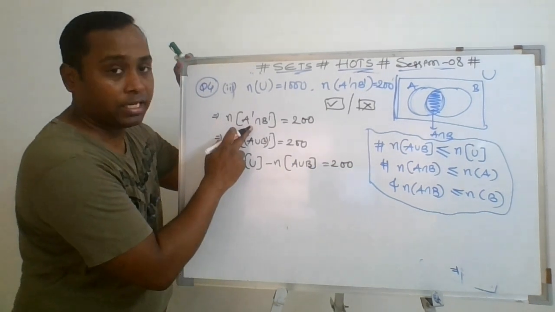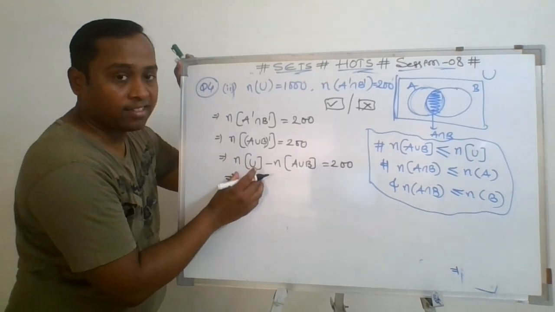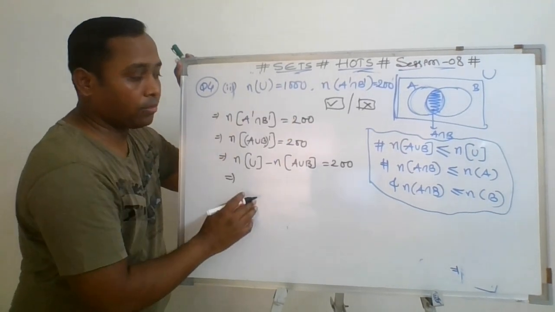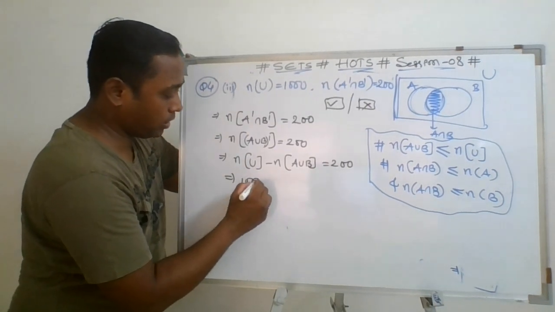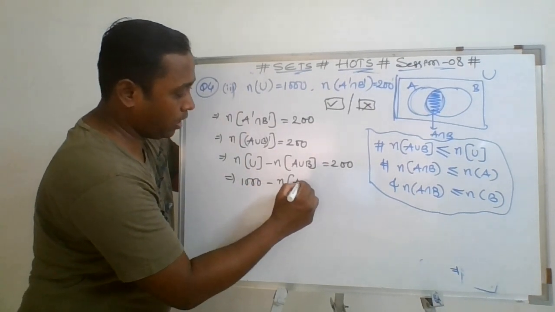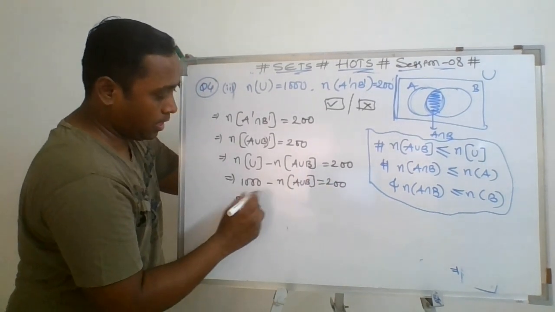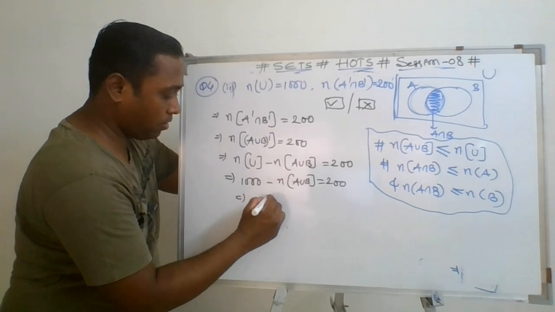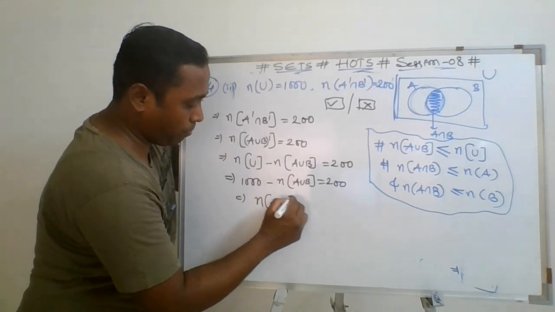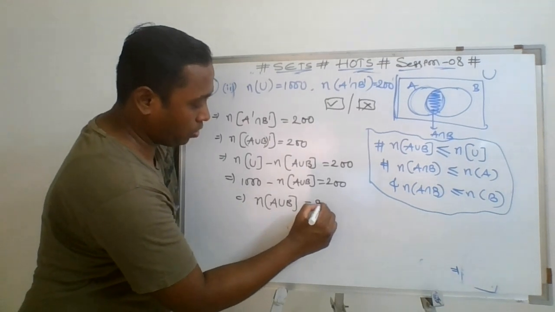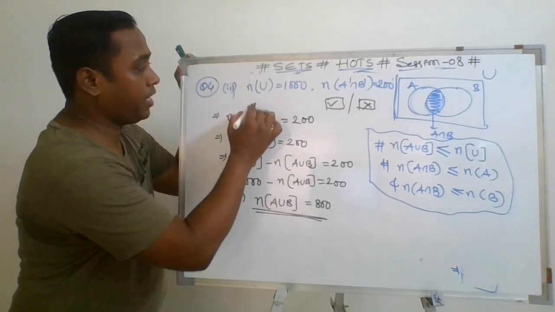I am just elaborating this operation step by step. But the number of U is given, that is 1000, right? So I can use this value here: 1000 minus number of A union B is equal to 200. Hence, by simplifying, the number of A union B will be equal to what? 800.